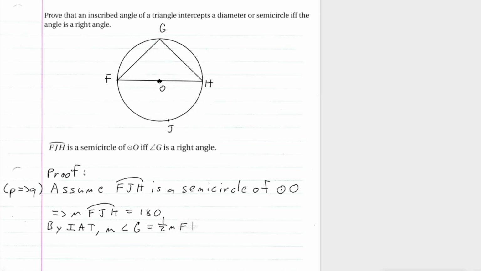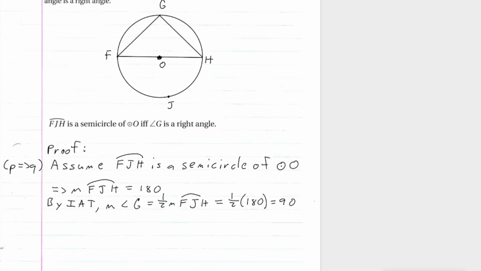So half the measure of arc FJH, which we just showcased was 180, so it's half of 180, which is equal to 90. So this implies that the measure of angle G is equal to 90, which of course implies that angle G is a right angle.